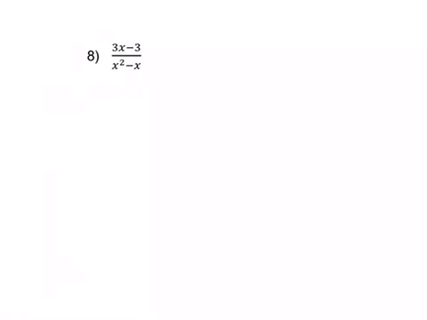Again, I'm going to start by factoring out. So 3 times x minus 1 divided by x times x minus 1. My restriction, before I simplify, I want to state those restrictions: where x minus 1 times x equals 0. As you can see, I have two factors with variables, different from the previous exercise where that common factor down here was a number. So this now I gotta keep.